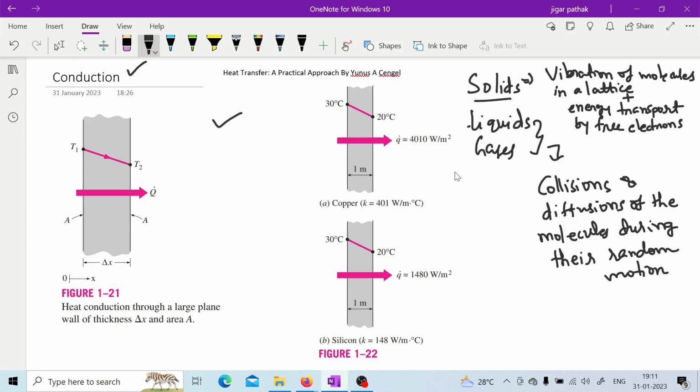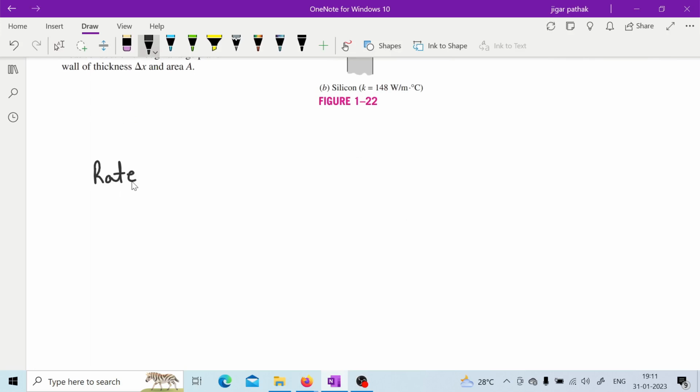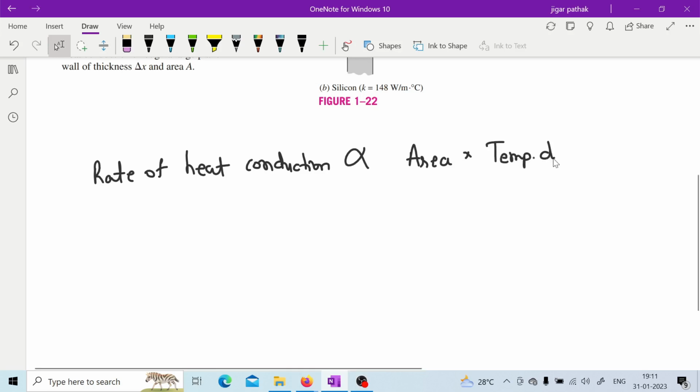Now if we think about the rate of heat conduction, it is proportional to the area through which the heat transfer is taking place and to the temperature difference, and it is inversely proportional to the thickness through which it is getting transferred.